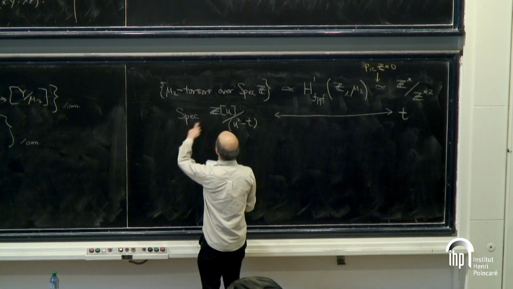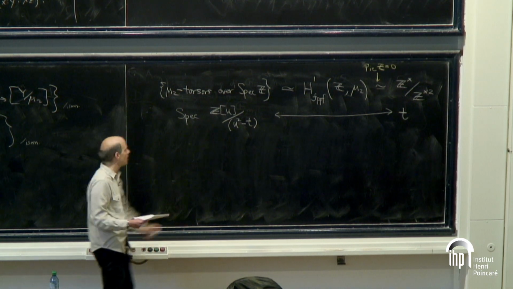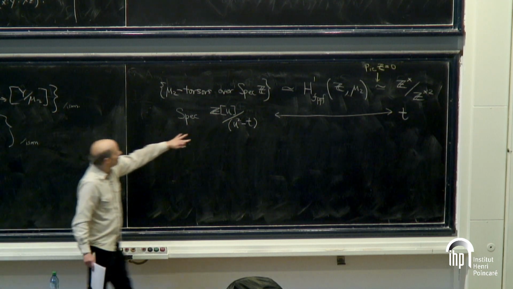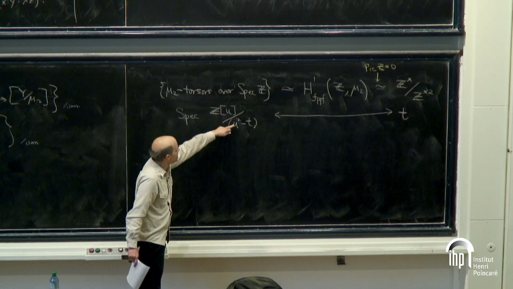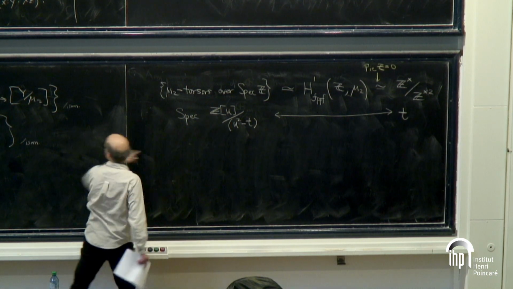Okay, so that's what the capital T is going to look like. And then for each of those values, what does it mean to have a mu2 equivariant map from this one? The mu2 here is acting by changing the sign of U. What does it mean to give a map from there into Y?